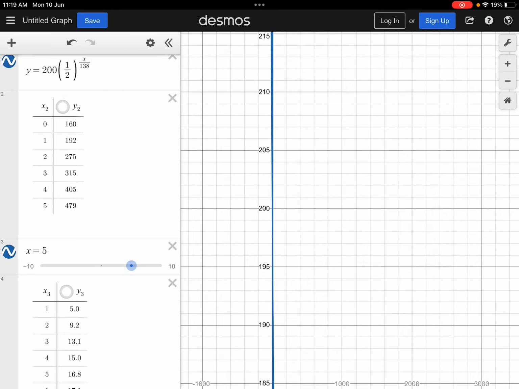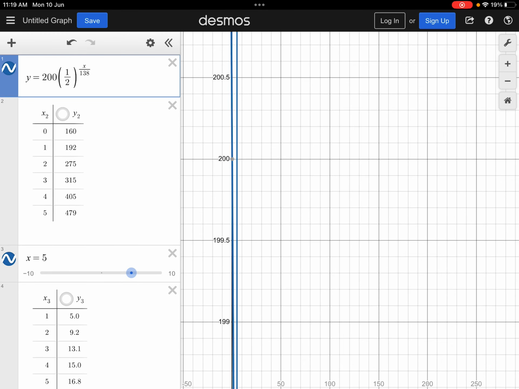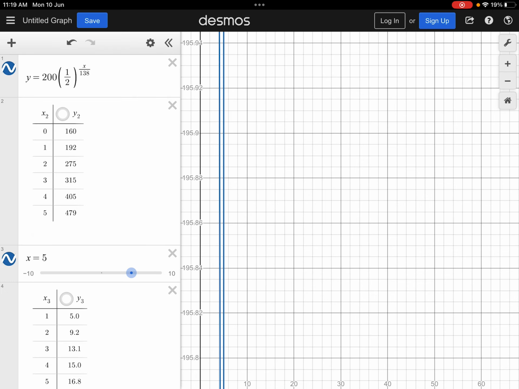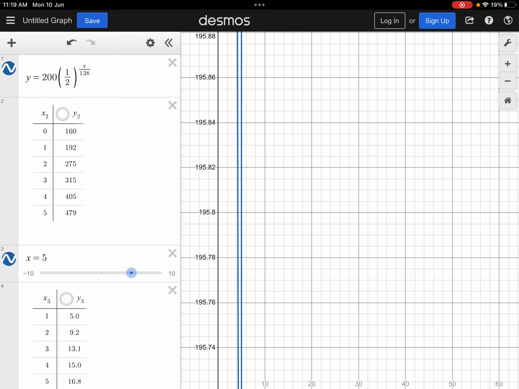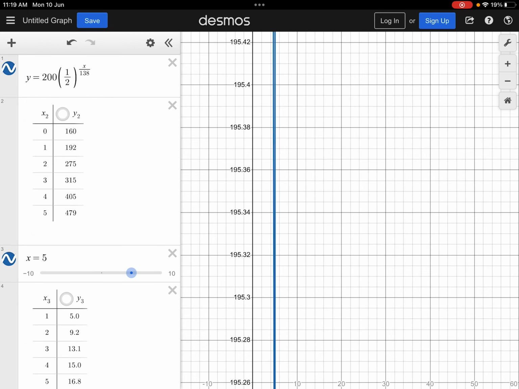They intercept somewhere here. If I make them different colors, that would probably help. But whatever. Basically, I'm just checking when x equals 5 becomes the function on the left.